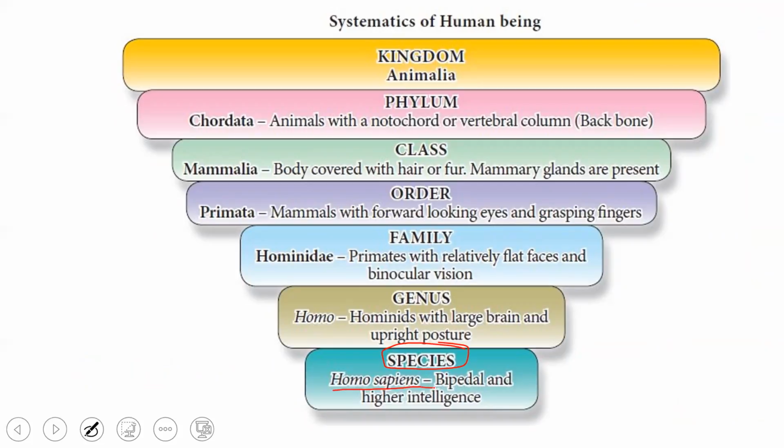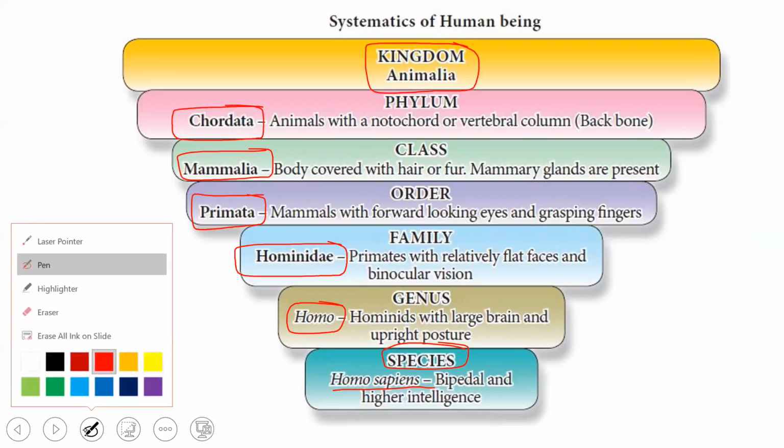Homo sapiens, sapiens is the species, Homo is the genus, Hominidae is the family. They belong to order Primata, class Mammalia, phylum Chordata, and kingdom Animalia.